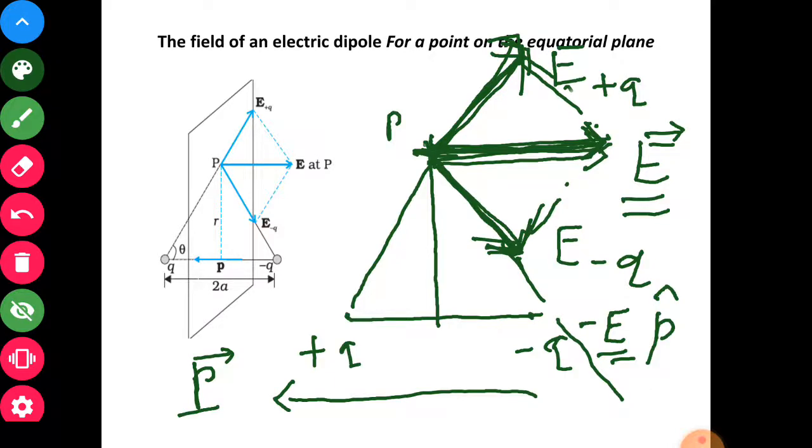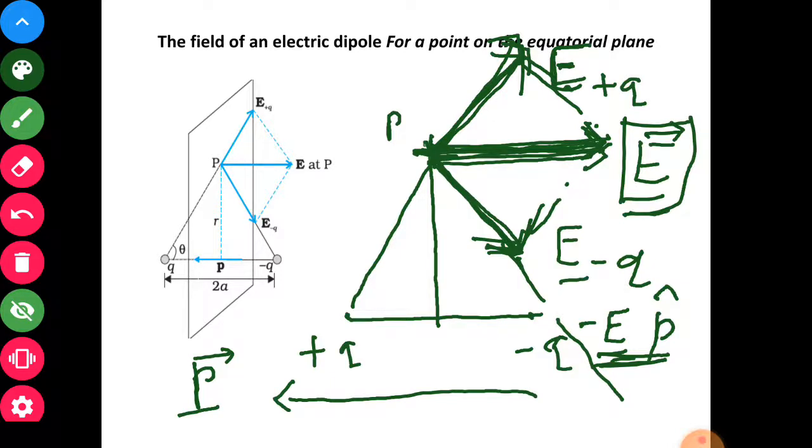That is why it can be shown like this, just E. But if you want to show it in terms of the unit vector of the dipole moment, then you can show minus E P cap. Now this electric field is due to E plus Q and E minus Q.